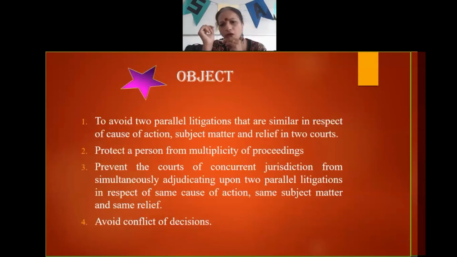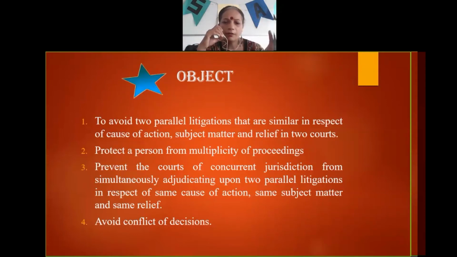Now if we talk about the object of this particular section 10, that is to say res sub judice, we'll see that there are basically four objects of this section. Firstly, to avoid parallel litigation that is similar in respect.